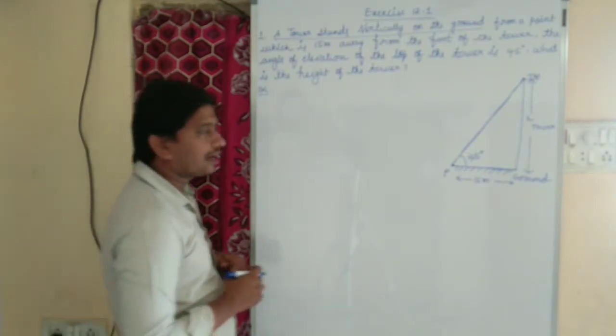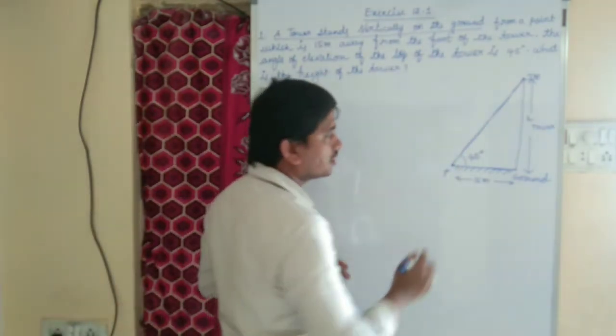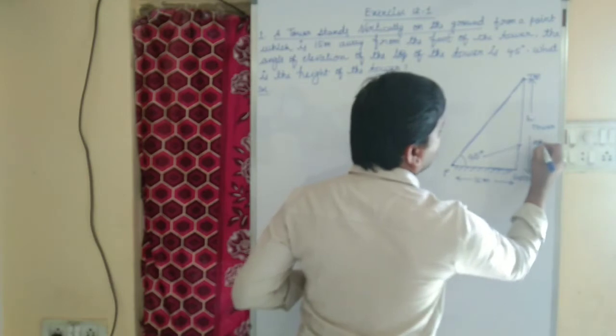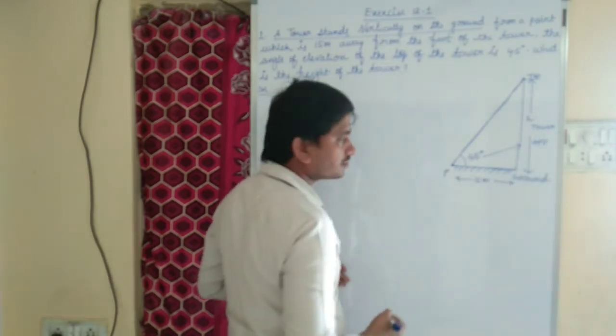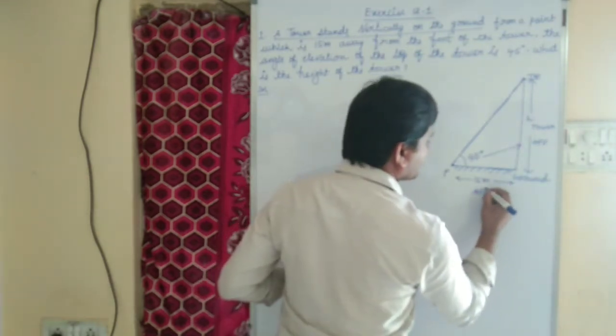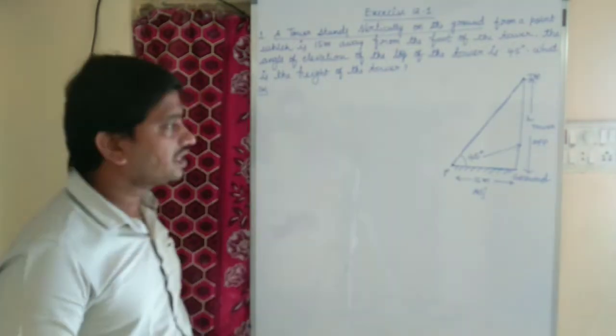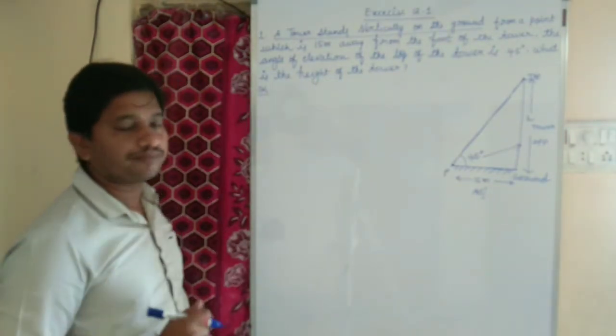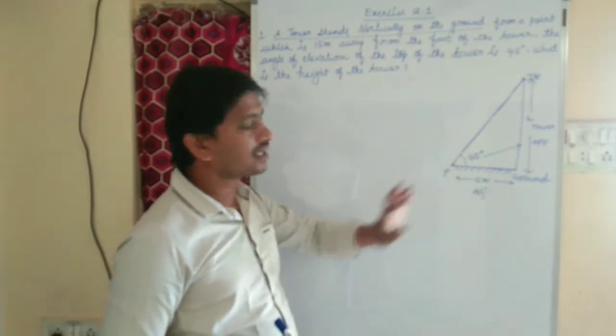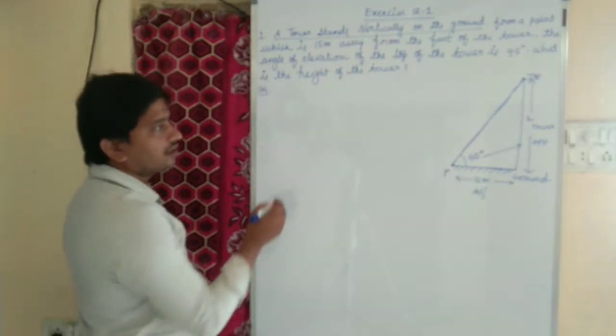So, children, the angle is at this point P. So this side will be the opposite side and this side will be the adjacent side. Our unknown quantity is the opposite side and the known quantity is the adjacent side, right?